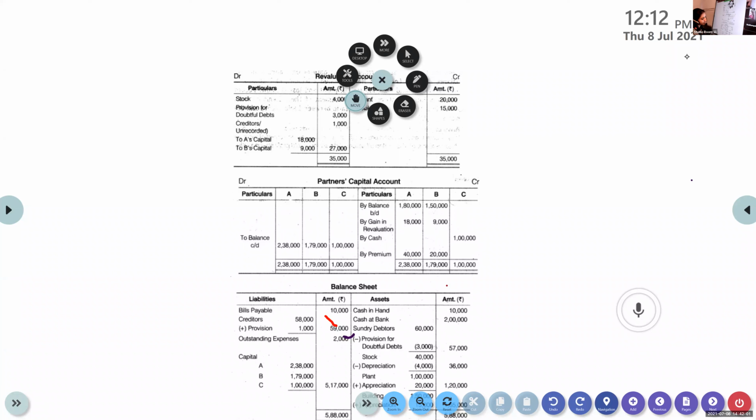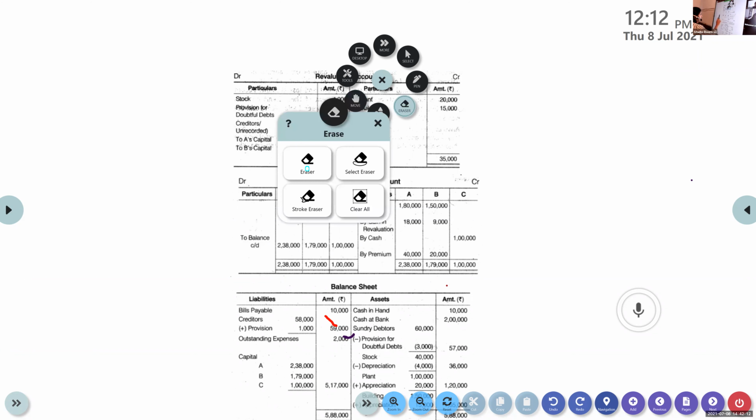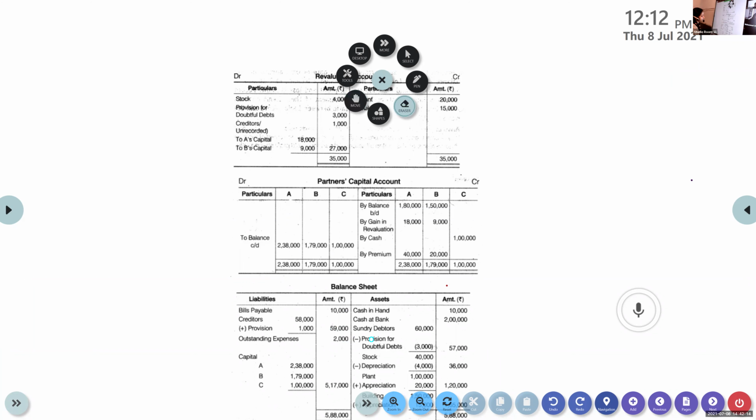Not joined. After the capital account preparation, we'll go to the balance sheet.